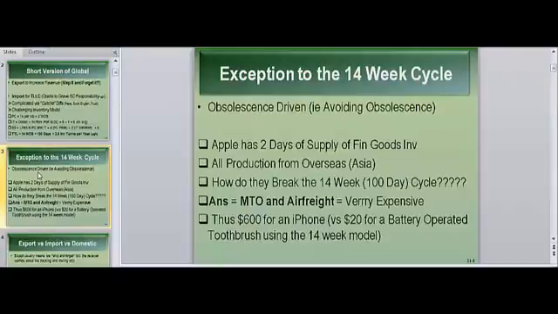What Apple does, in order to break that 14-week cycle, is they make to order at their overseas factories, mostly in China, and then they air freight the product directly to the consumer or to the store that has placed the order. So they willingly pay the premium in air freight, which in our business case I'm saying is 15 times greater than ocean, and that's a realistic number.